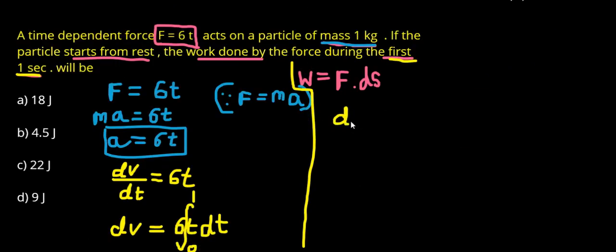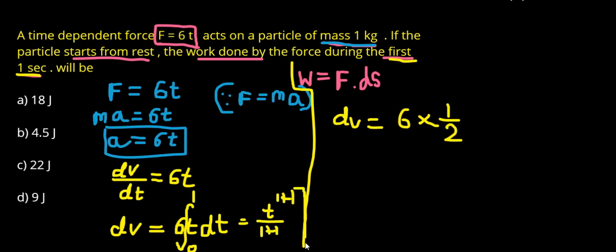So dv is going to be equal to 6 into 1 by 2. We know that n plus 1 by n plus 1, upper limit minus lower limit. The upper limit is 1 and the lower limit is 0, so instead of t I'm going to substitute 1, and minus 0.